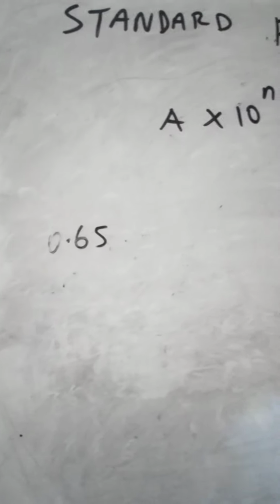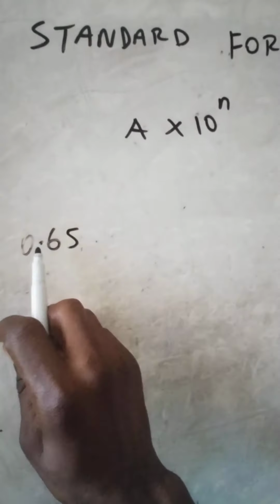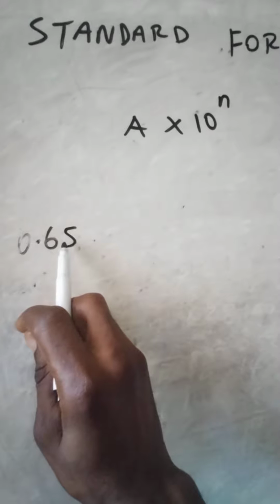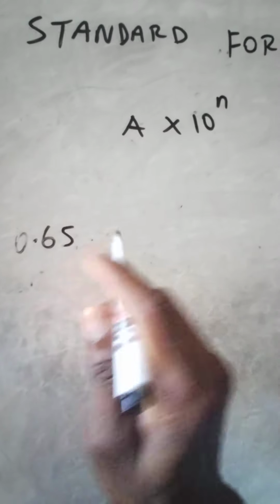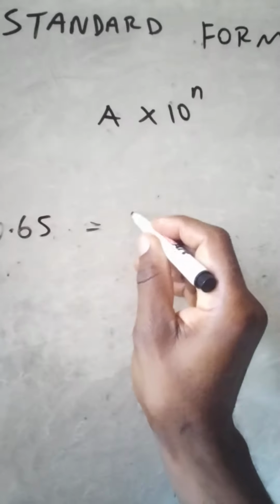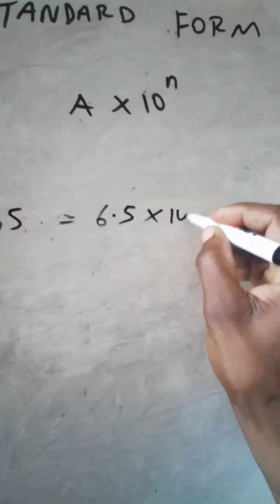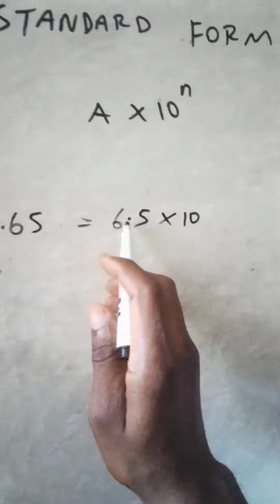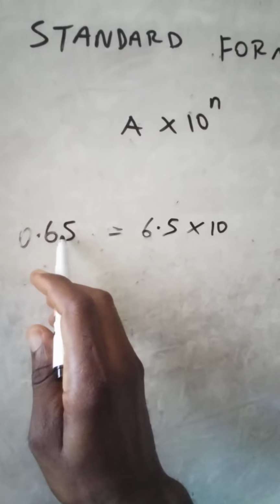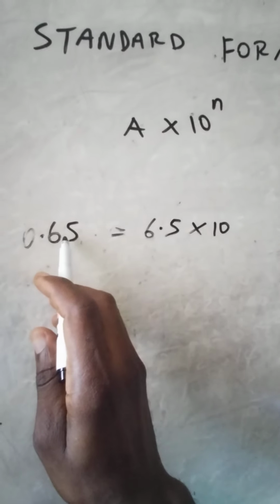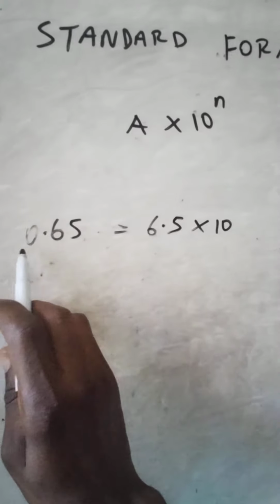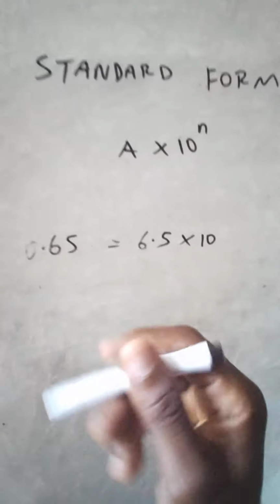So 0.65 to be written in standard form. I'm going to put the point after the first number. It's going to be equal to 6.5 multiplied by 10. That's a standard. So now you have moved the point to here. Which direction are you going to go to get back to your original number and how many times?